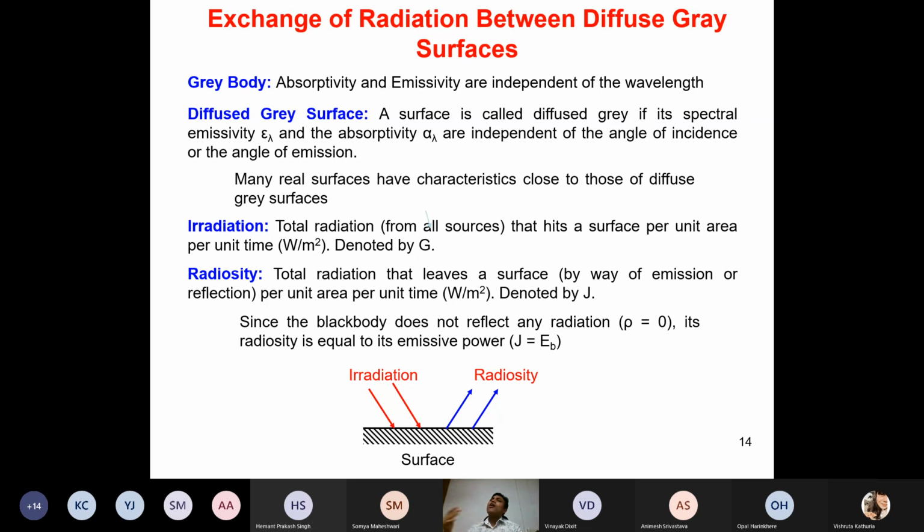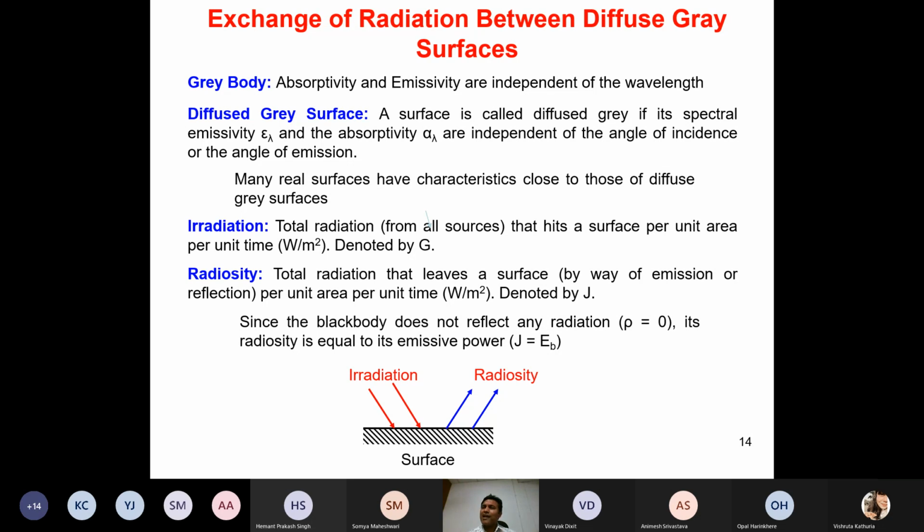Real bodies we will not be able to account for in the simple radiation heat transfer equations we have seen so far, because the emissivity as well as absorptivity are also functions of temperature, so that adds additional complications in the analysis. But we can analyze gray bodies. Gray bodies are in between real bodies and black bodies.